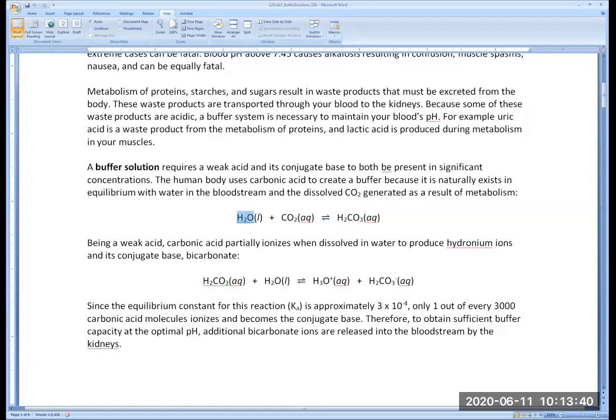It goes through the blood all the way to the lungs and is then exhaled. Because we have some CO2 in our blood, with the water from the blood it makes carbonic acid, and so that's readily available.